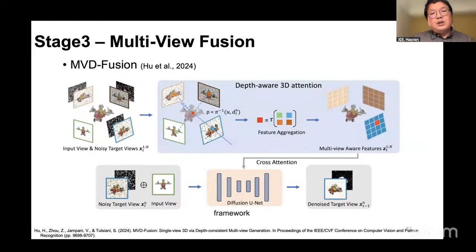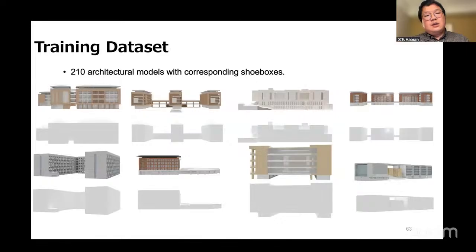Then for the multi-view fusion, we use MVDFusion to generate different view images. For the training dataset, we use architecture 3D models, which are professional models. We get the models paired with the data of the shoebox, just a simple 3D model, and then the final result.